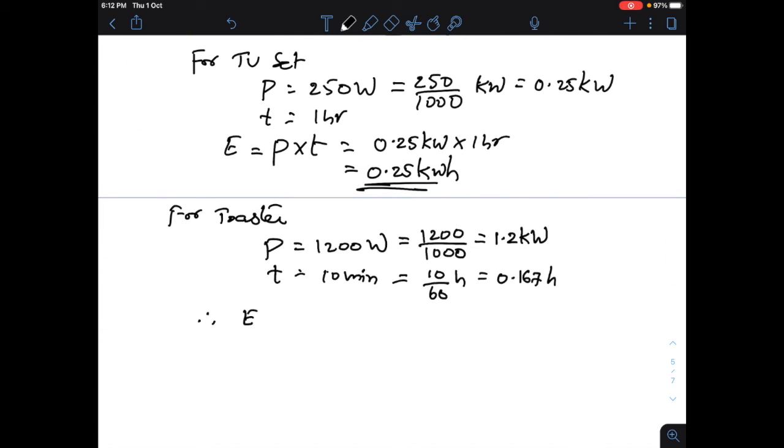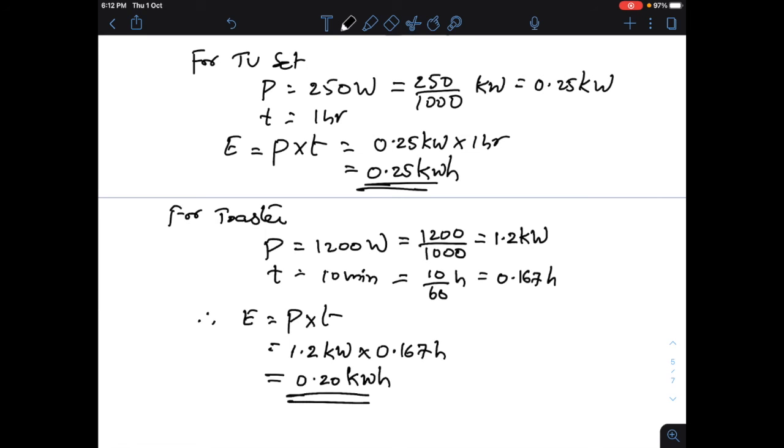Therefore, energy consumed is E is equal to P into T, once again the formula, and that is 1.2 kilowatt into 0.167 hours, which will be equal to 0.20 kilowatt hour.